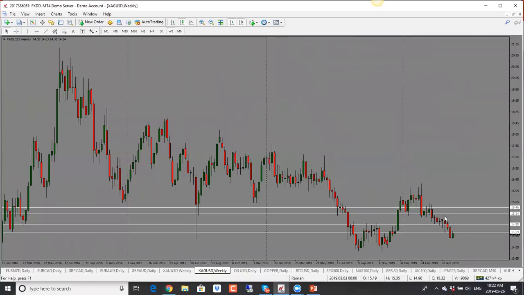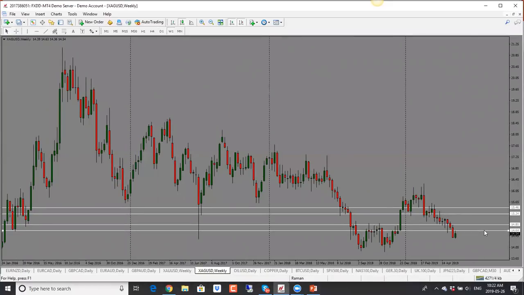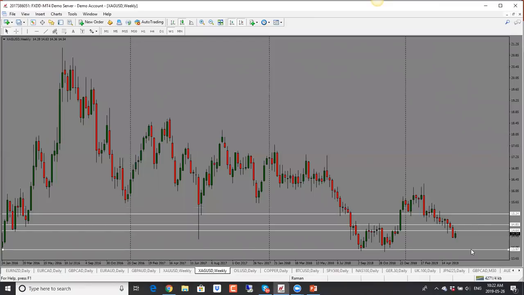Silver here, silver not as strong as our gold, but I think this one could pull back further here as well. So I will watch out for that. Overall bias here for silver is to the downside, and I'm looking for price to come into this 14.00 level. For now, I think this one could go all the way into 14.85. So we may have to wait a little bit, and then it could turn around from here.